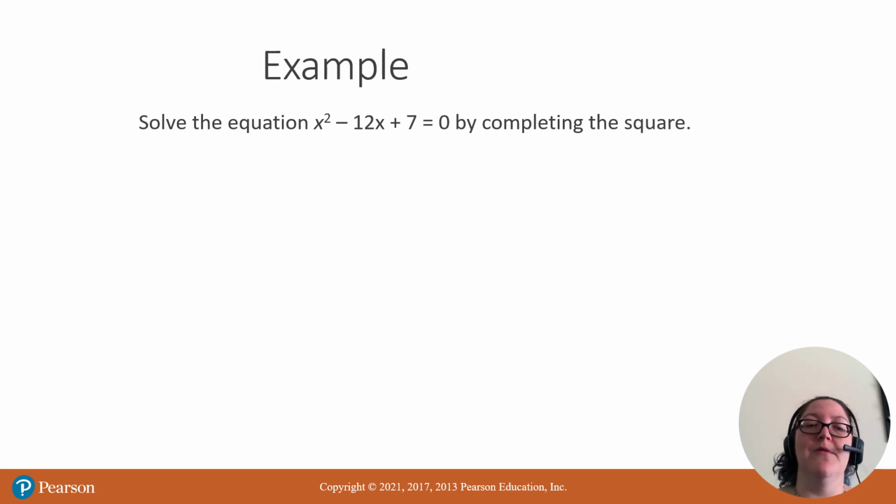Okay, so let's do one more example, and let's solve this equation by completing the square. I'm going to go through this one pretty quickly here, and I'm just going to show you instead of walking you through all the different steps. For those of y'all that are on the track to head towards a calculus style math, learn this method.